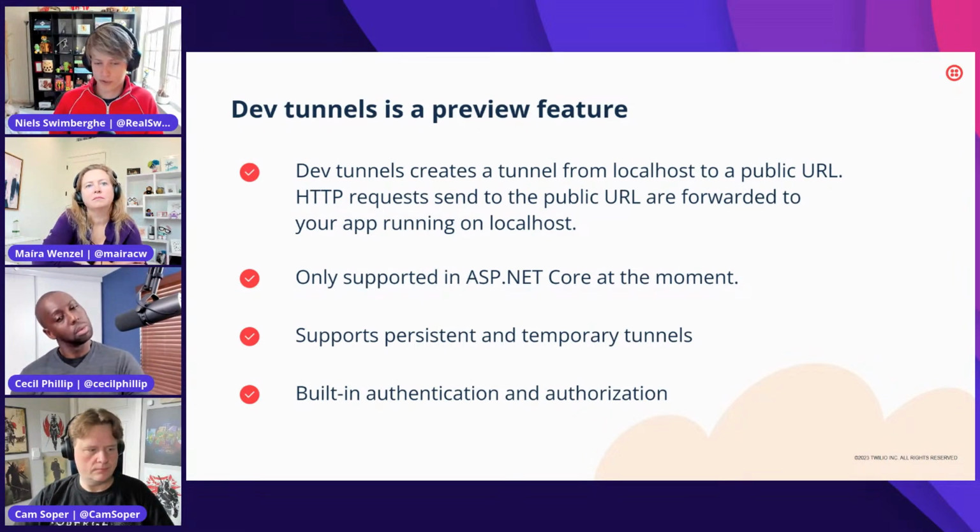It does support persistent and temporary tunnels, which is a feature that with alternative technologies is actually not offered in their free tier. So this is pretty cool that it's a feature that is free in Visual Studio. And it also has some interesting features like built-in authentication and authorization.